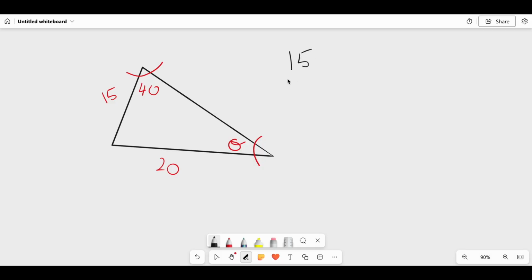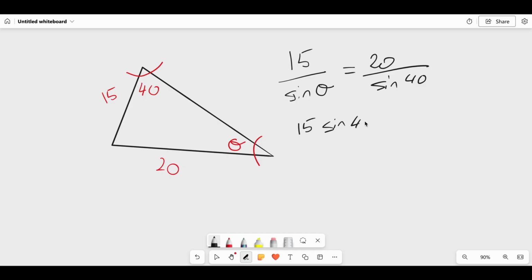Fifteen divided by sine of the angle is equal to 20 divided by sine of 40. So once we do this cross multiplication, we end up with 15 sine 40 is equal to 20 sine theta, the angle that we're looking for.